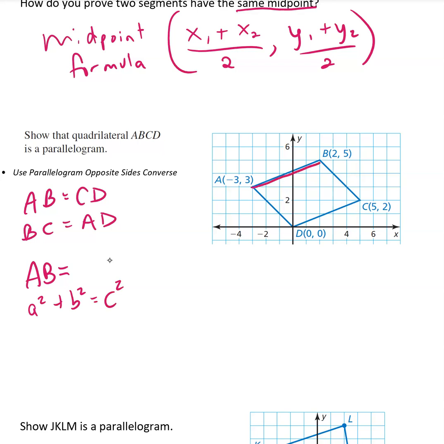And remember, to find AB, we're just going to make a right triangle. We're going to go up and over. This has a vertical change of 2 and a horizontal change of 5. So a is 2 and b is 5. 4 plus 25 is 29. So the square root of 29 is c.